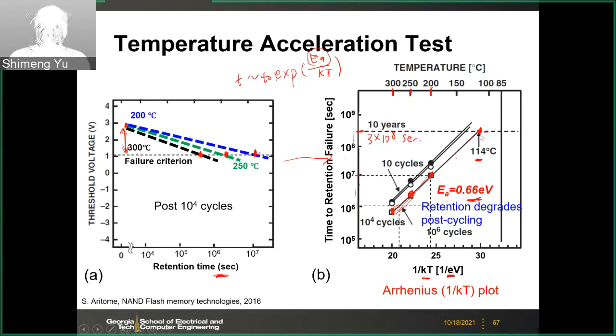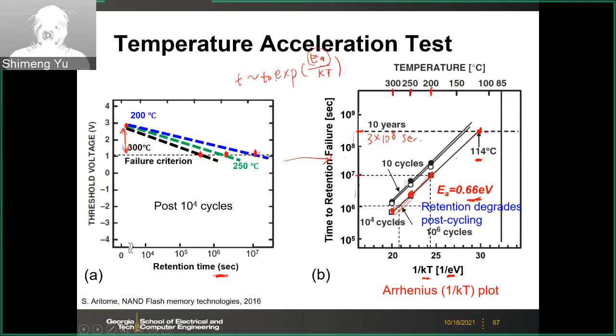In this particular case, if you extrapolate to a 10 years time frame, which is a typical spec for the non-volatile memory, about 3 times 10 to the power 8 seconds, then the temperature here is about 114 degrees C. That means you can sustain the data for 10 years at this temperature for this particular device. And here we also show different curves corresponding to different numbers of cycles.